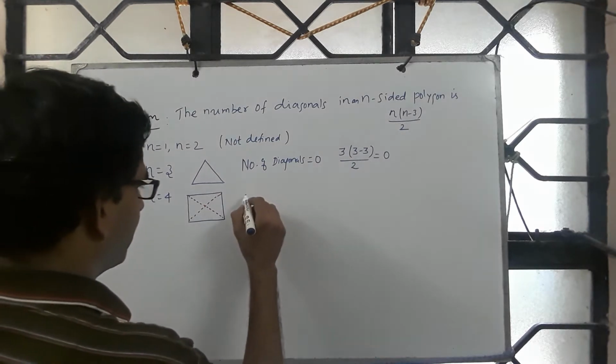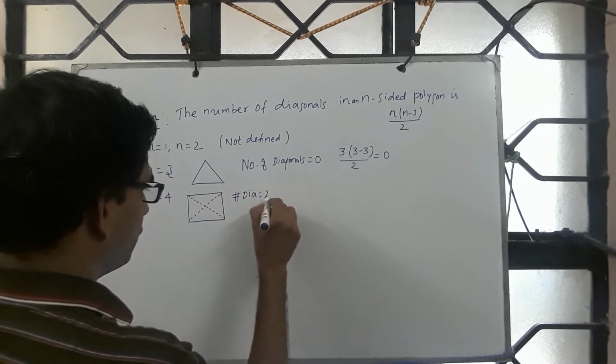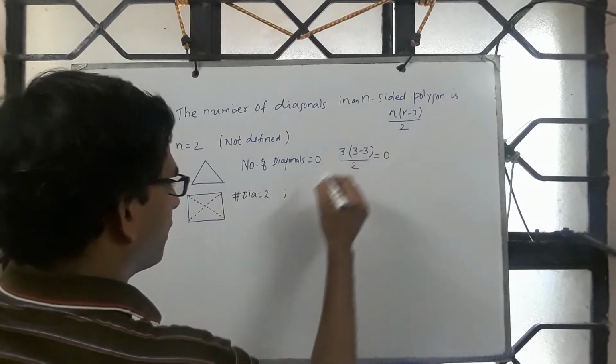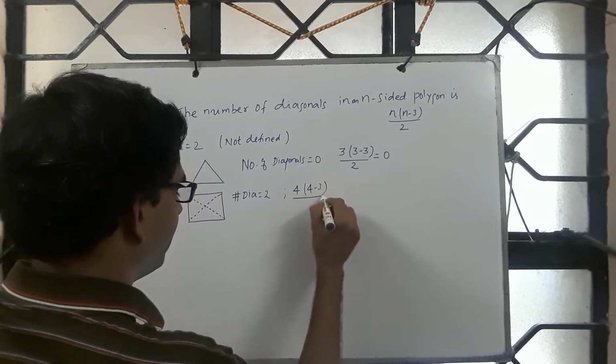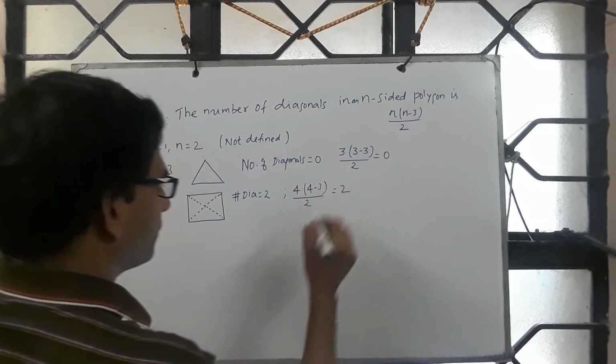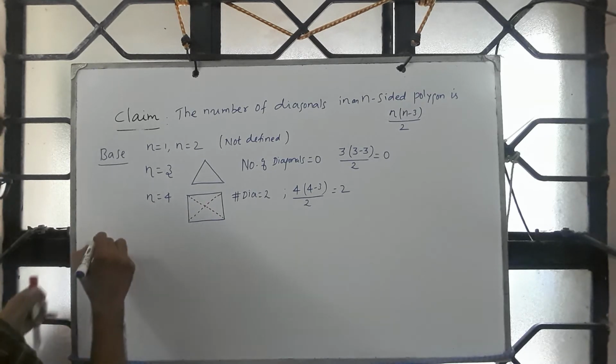So the number of diagonals is 2. Let's plug in the value: 4 into 4 minus 3 by 2 is 2. It looks like it is true for 3 and 4. Let's make an attempt at proving this claim.